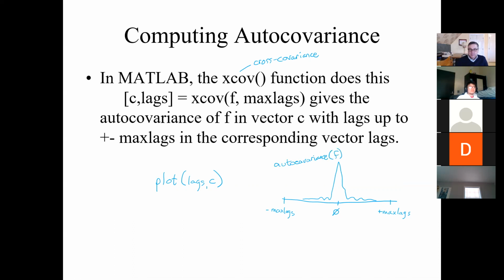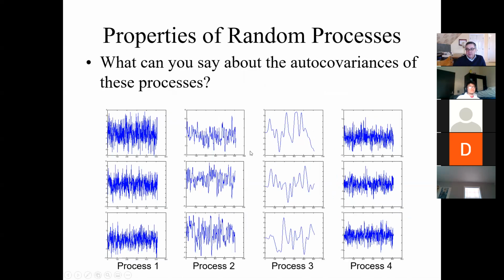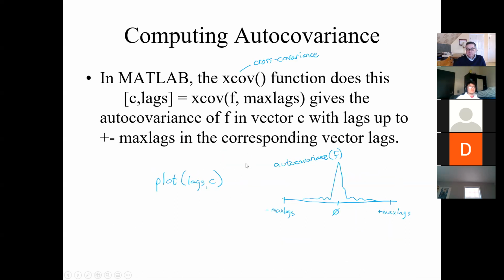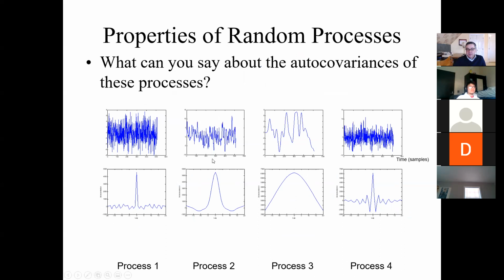Okay. So now that's an estimate, right? Because it just basically estimates the auto covariance from one example of the signal. So it will have some randomness to it. And so what I've done here is I've actually done that. And so these are basically auto covariance estimates.